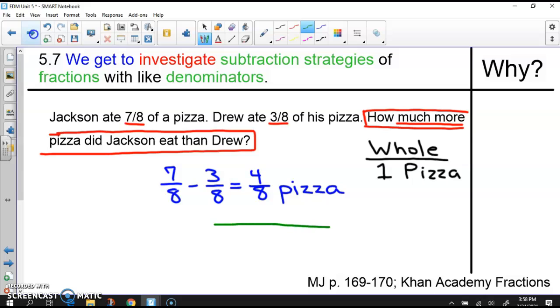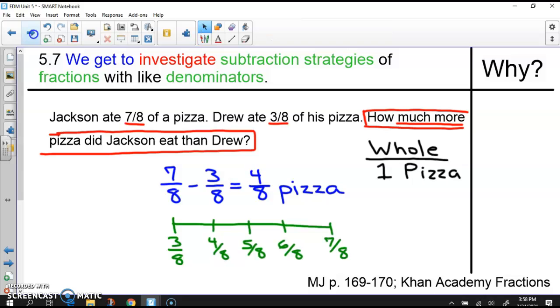So if we were to create a number line, we could start on where Drew had 3/8. And we can count up by eighths until we get to what Jackson had eaten, which is 7/8. So if we labeled our next one as 4/8, followed by 5/8, followed by 6/8, and up to our 7/8, what we could look at and see is count up how many eighths is the difference between 3 and 7.